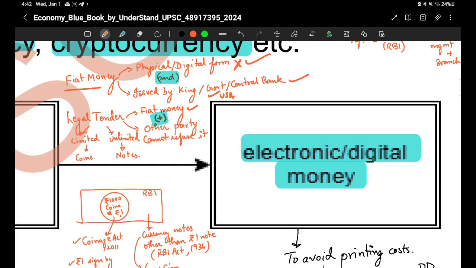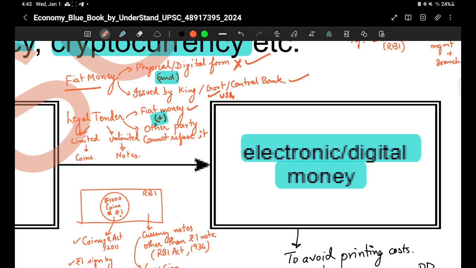Another example, is the dollar a legal tender? See, the dollar is a fiat money, but if you give a dollar to the shopkeeper in India, he can refuse it, right? So it is not a legal tender. Now let's say a demonetized 500 rupee note. Is that a fiat money? Yes, it is a fiat money because it is in the physical form and it is issued by the central bank.